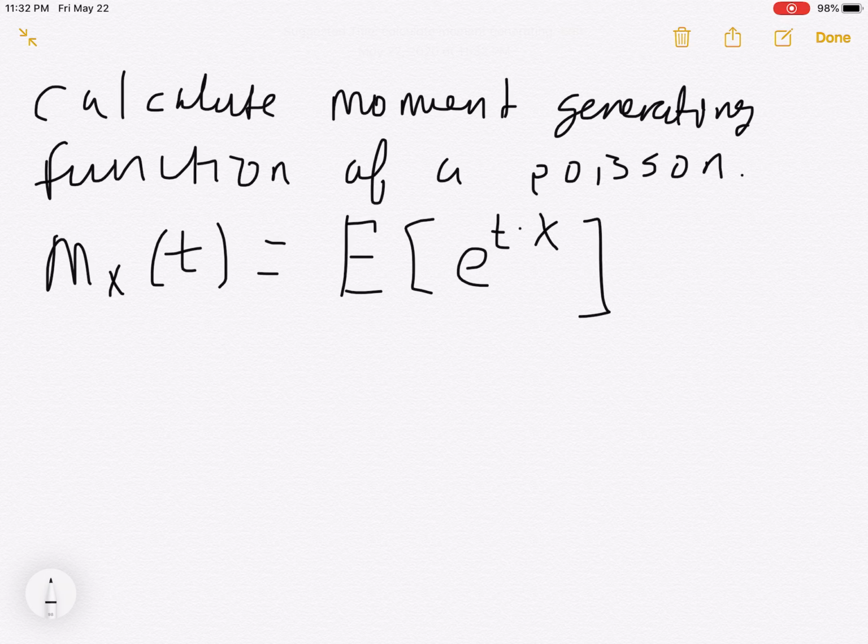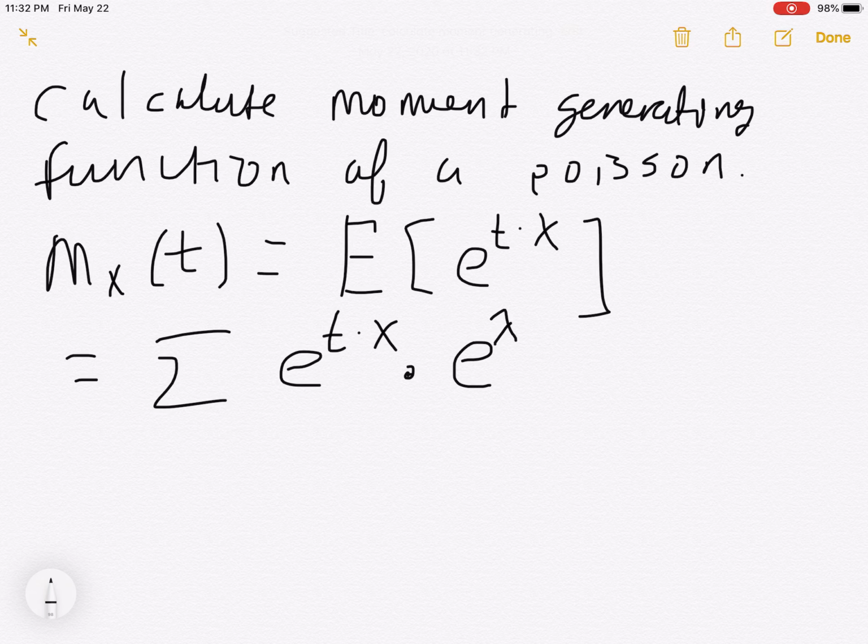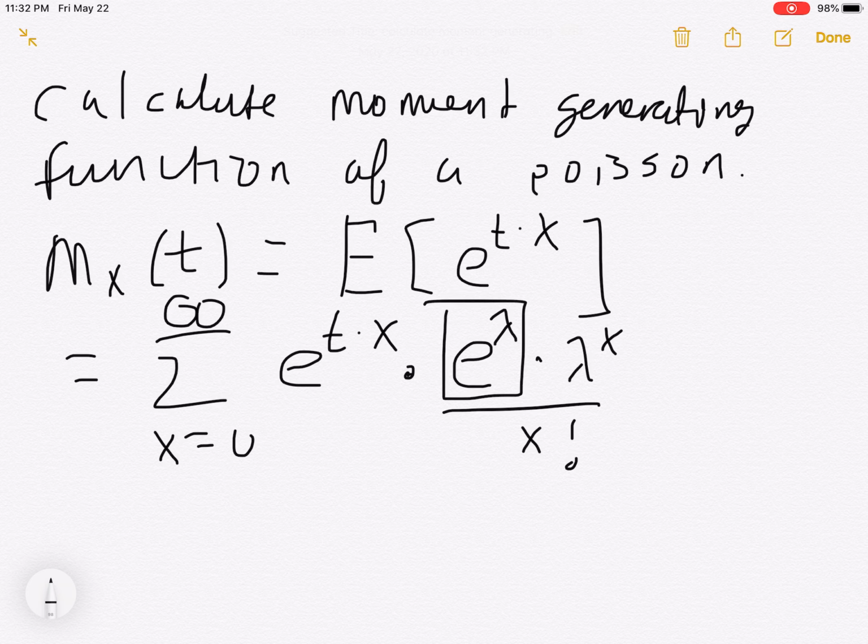Now to calculate that expected value, I write down the sum. I put e to the t times x. Then I multiply it by the probability density function. The probability density function is e to the minus lambda times lambda to the x over x factorial. Remember, the sum depends on the values of x. They range from 0, and they could go all the way to infinity. Now, because this e to the minus lambda doesn't involve x, I can take it out. So e to the minus lambda times the summation from x equals 0 to infinity.